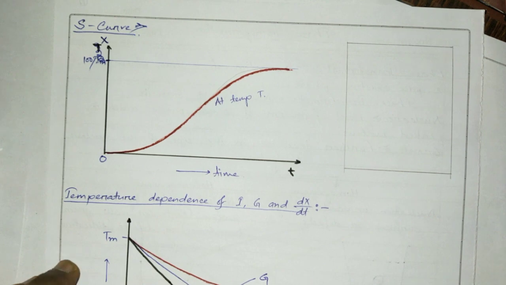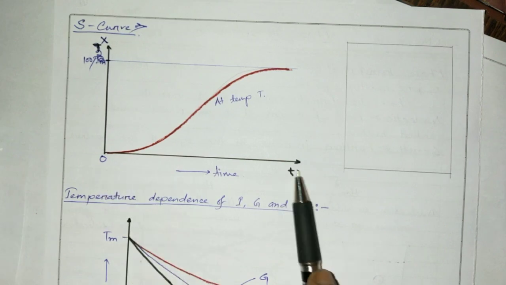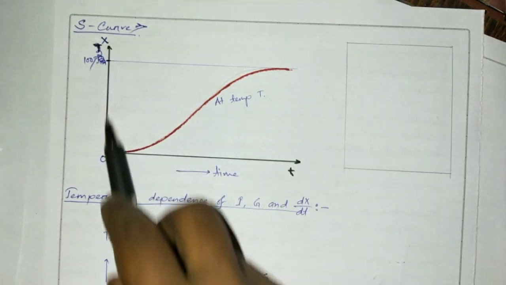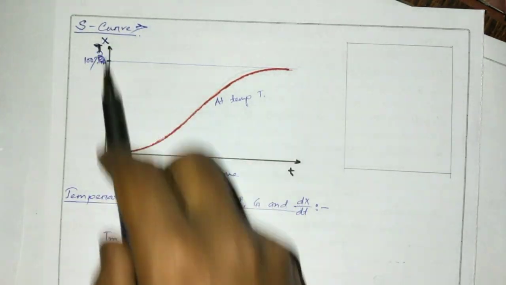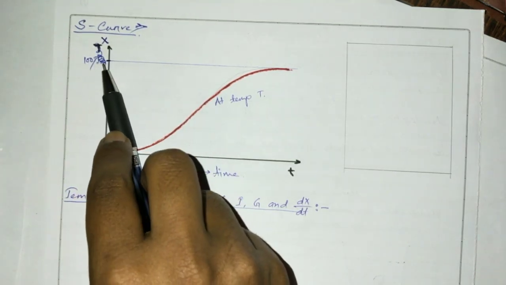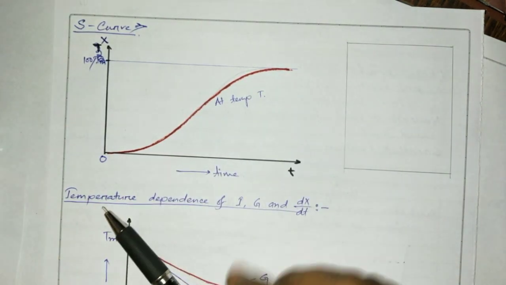Now we will look into some graphs and try to explain why something like this happens. Now we will look at the S curve. What is the S curve? Well, the S curve is a curve where time is given on the x-axis and the fraction of the phase that has transformed is given on the y-axis. Suppose we are considering water that is being transformed into ice.